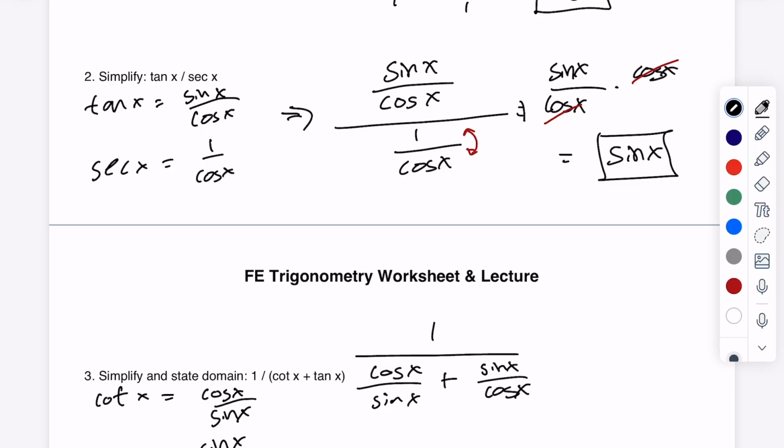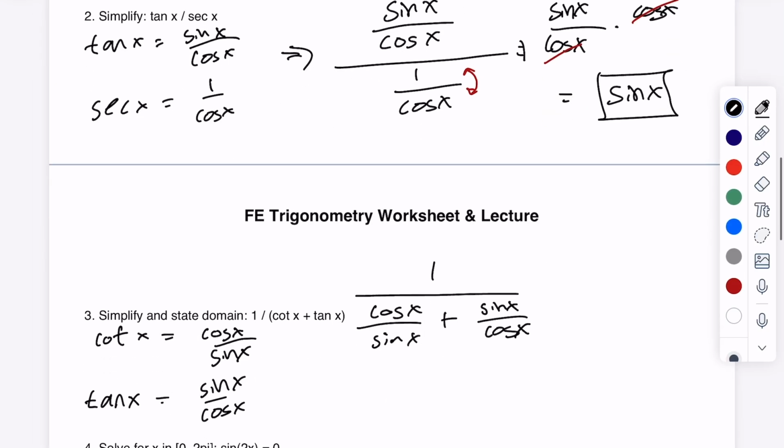Okay, then when we combine the denominators so that we can add them, it will look like this. We'll have 1 over, this one here, we're going to multiply by cosine x over cosine x to get the same denominator.